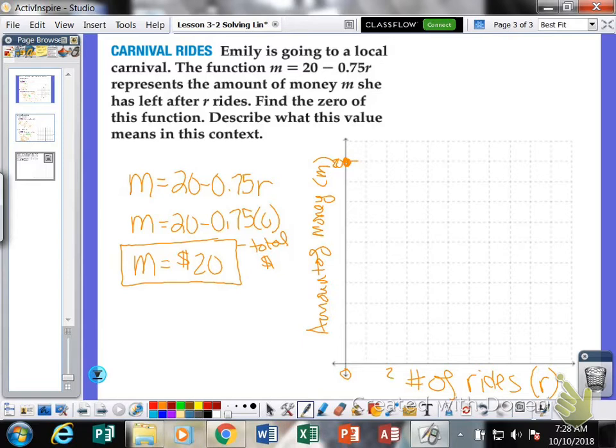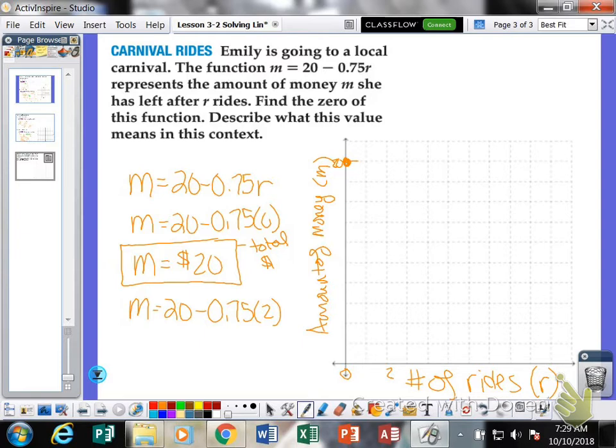Let's go with 2 rides. So if she went on 2 rides, again, M equals 20 minus 0.75 times 2. So 0.75 times 2 is $1.50.